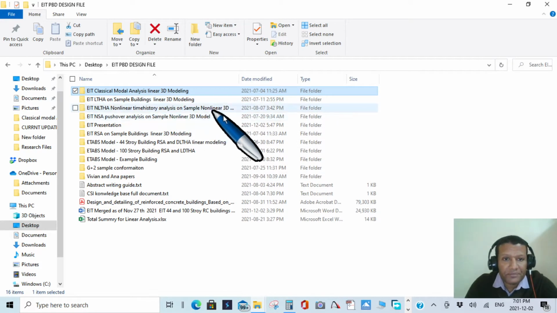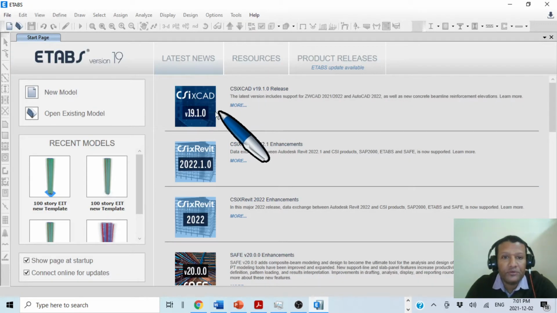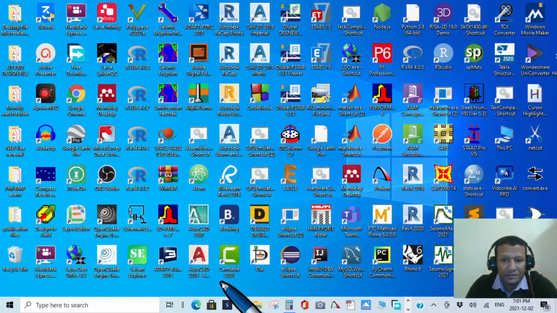Let me open the 2 samples. I am going to use ETABS for this research, but I also have Perform 3D, versions 7 and 6. In the future, because I have time, I will incorporate the whole analysis with Perform 3D as well, because Perform 3D is best for non-linear analysis.